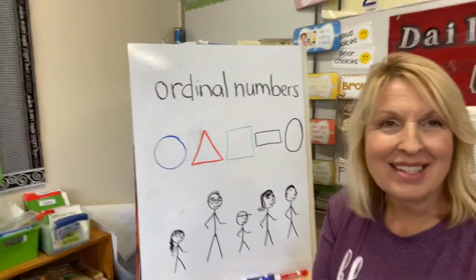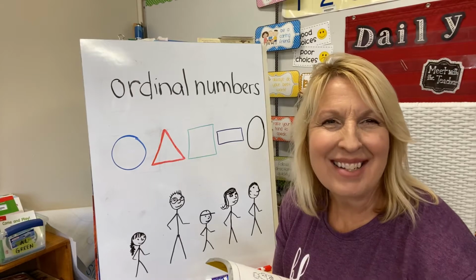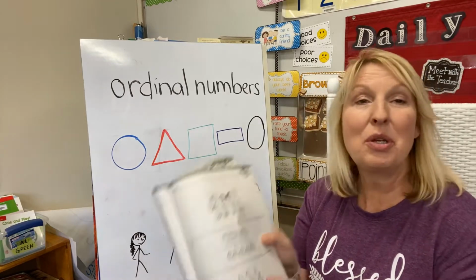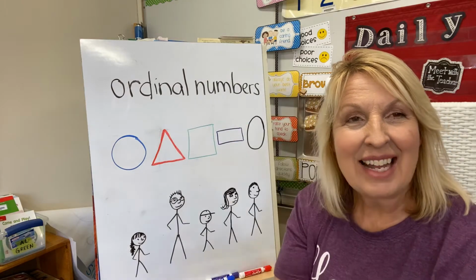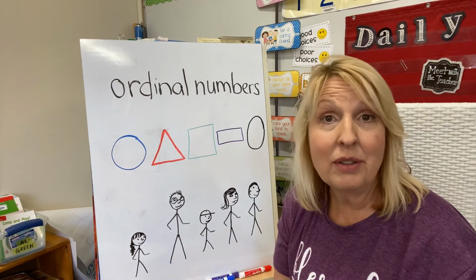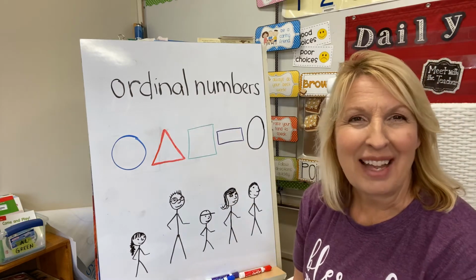One of the pages in your packet is page 231, and it looks like this. It has to do with something called ordinal numbers, and ordinal numbers is spelled like that.